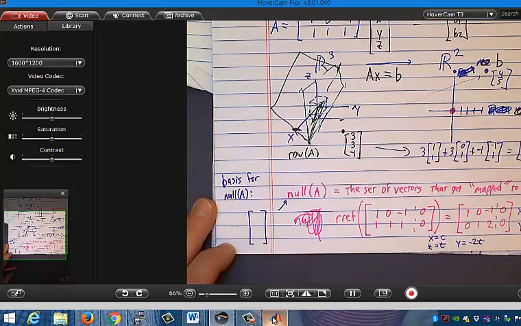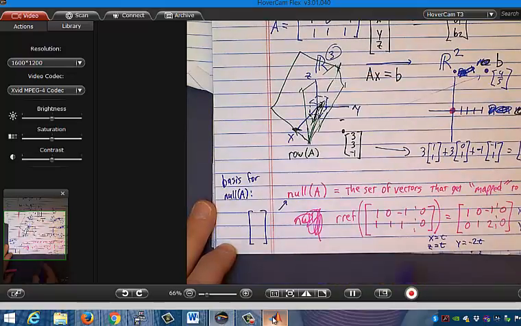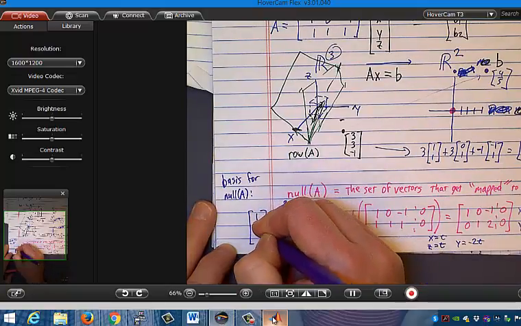The row echelon form of A has rank 2, right? What does the rank theorem say? Rank plus nullity equals n. And n is 3 in our example. So there's only going to be 1 vector. For example, you could put t equal to 1 and use 1, -2, 1.